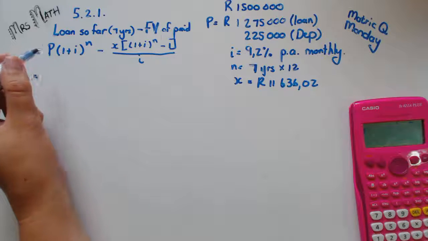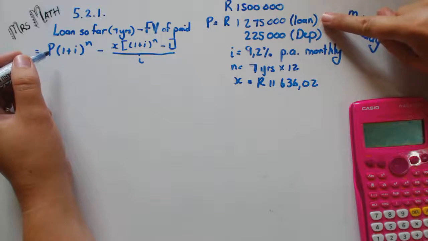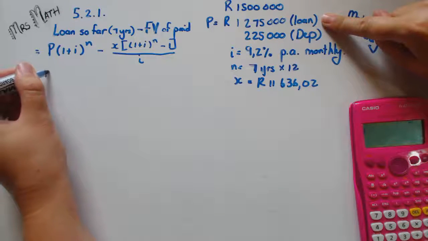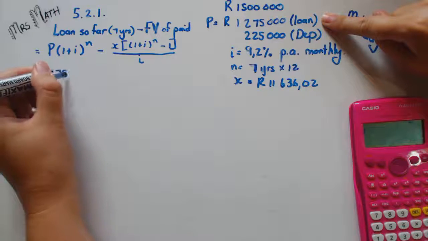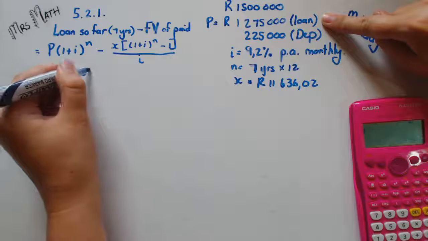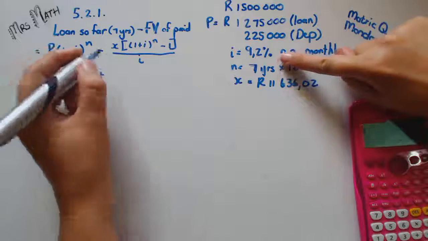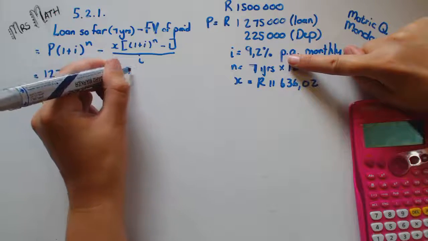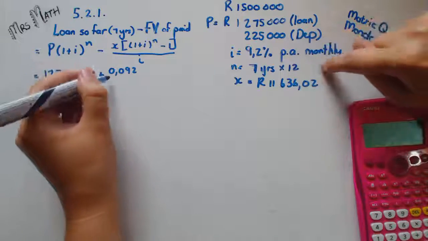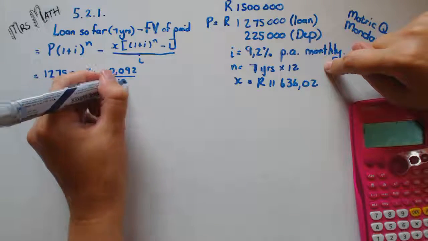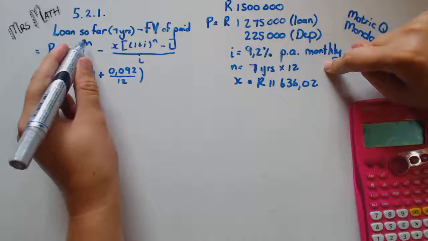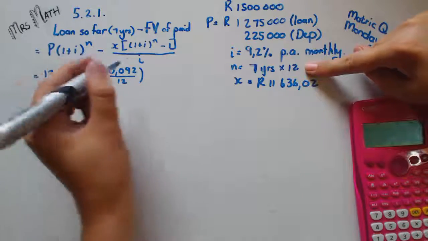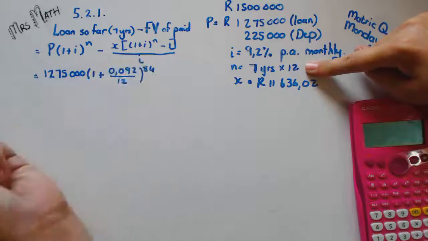So the amount that I'm working with is the amount of the loan, which is 1,275,000. My interest rate is 9.2%, which is 0.092, and I'm going to take that over 12 because it's monthly payments. And then my n is going to be 7 times 12, which is 84.